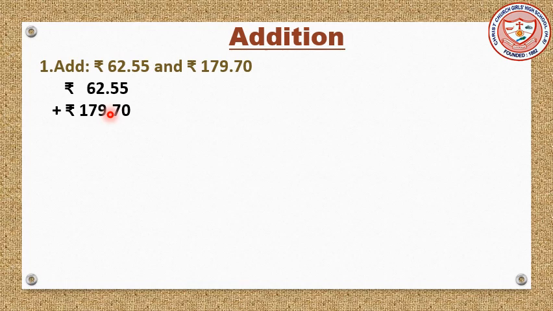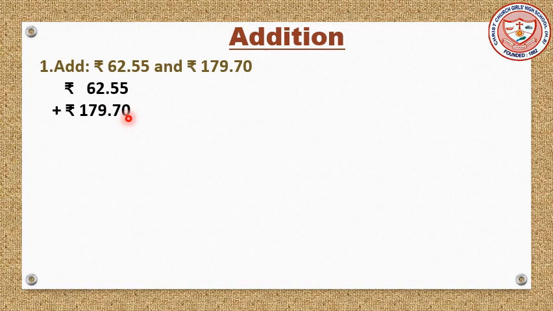Okay, now we are going to start calculation from right to left. So we are going to calculate the paise column first. In this column we are getting 55 paise plus 70 paise.